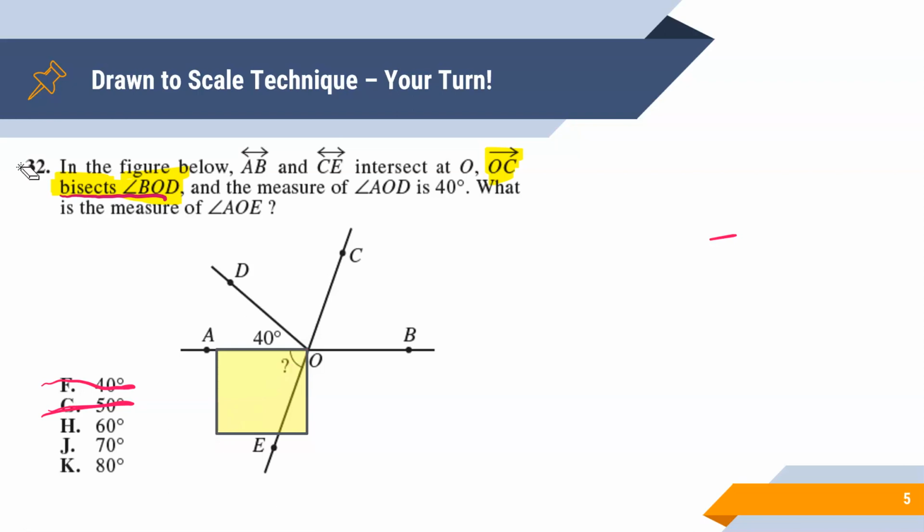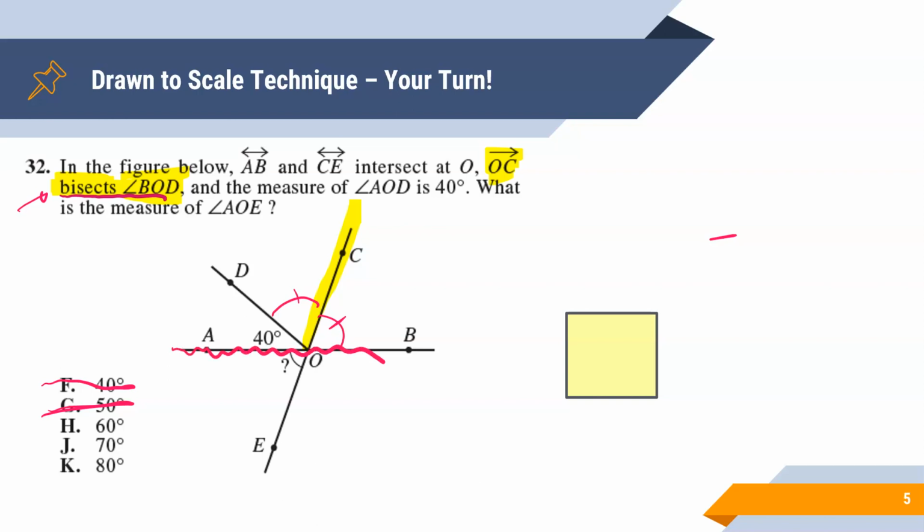Well, let's go back and try to figure out what this measurement is now. Now they tell us this word bisect. Bisect means to divide in half. So this ray right here is bisecting this angle into two congruent or equal pieces. So what I'm going to do is I'm going to utilize the idea that we've got a nice straight line here, and all those angles together make 180, right?